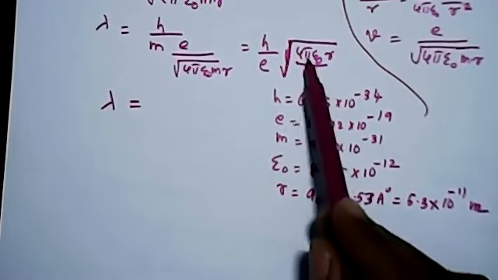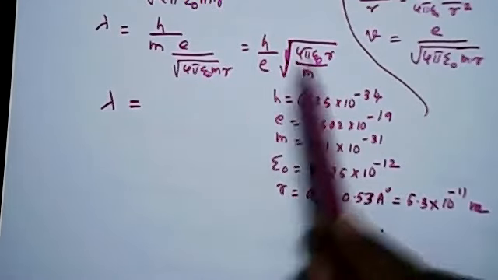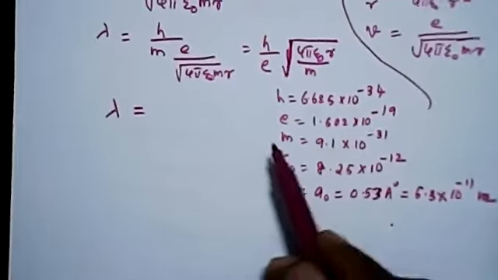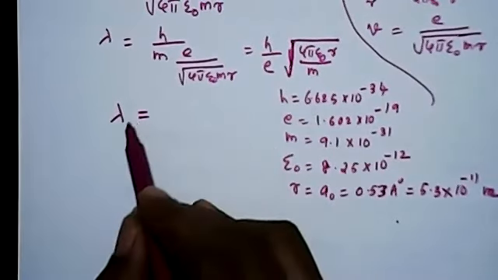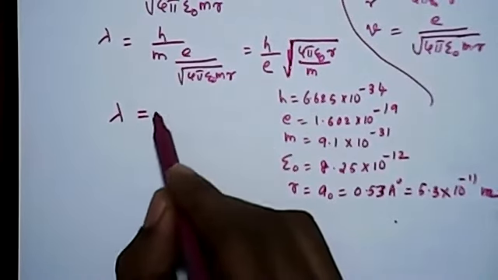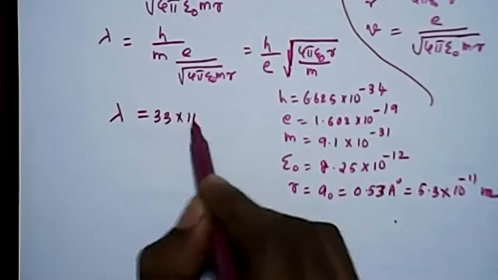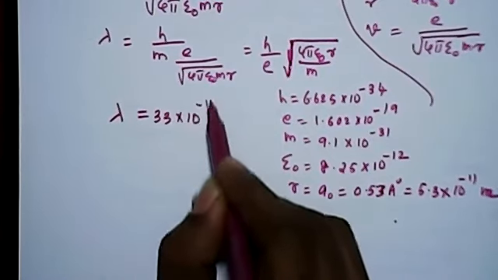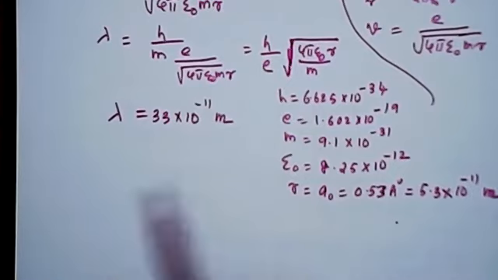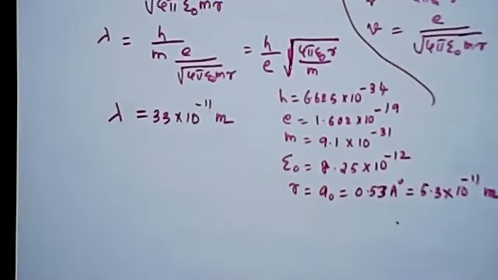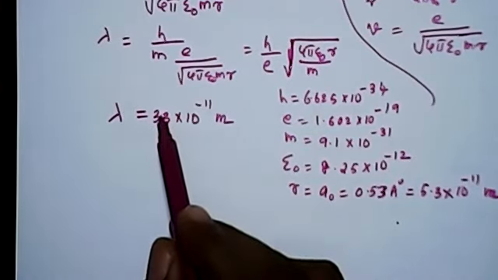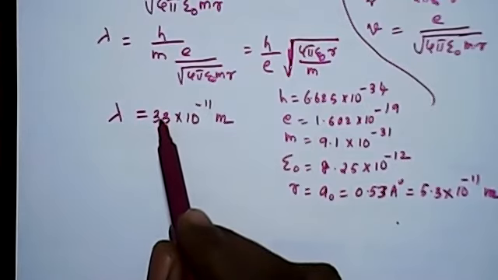Substituting all these parameters and calculating, you will get lambda equal to 33 into 10 to the power of minus 11 meter. Very small wavelength, but this is the lambda.